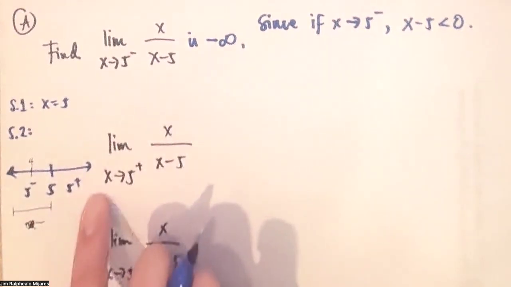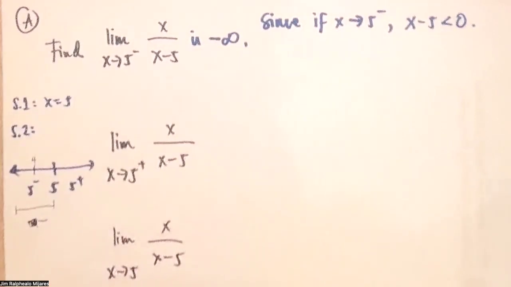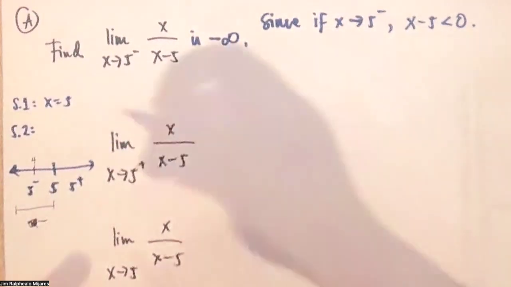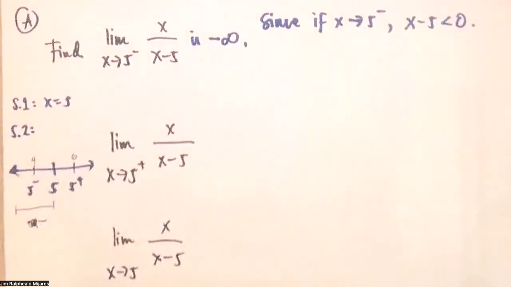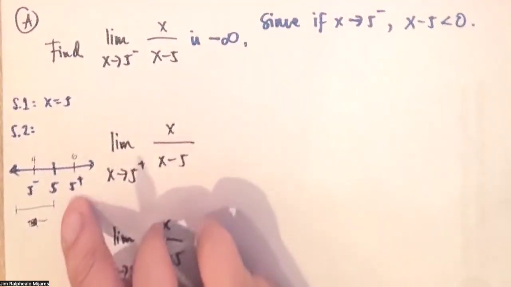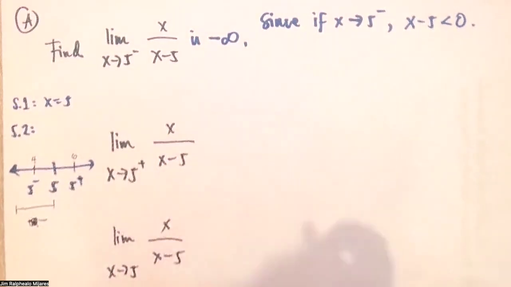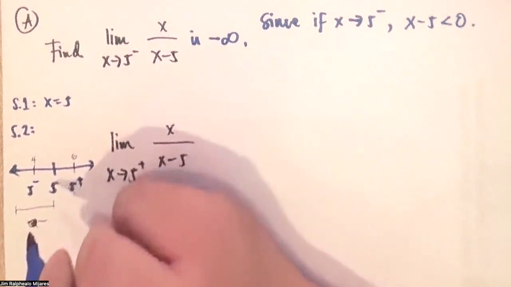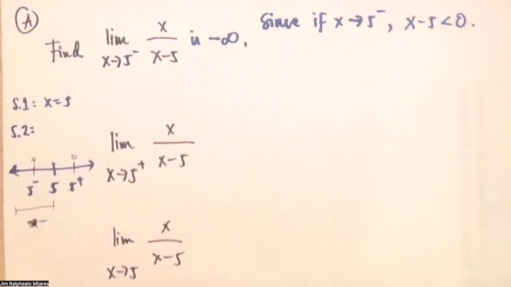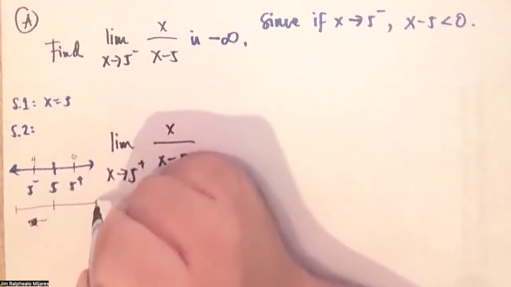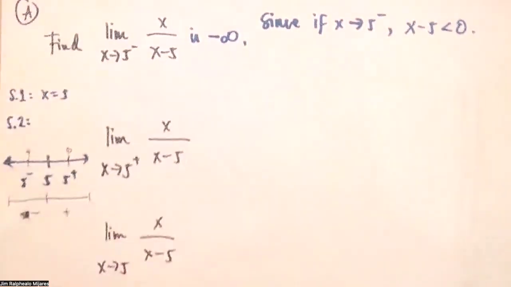Now, 5 from the right this time. So you can substitute, say, 6. In which case, what do you get? You substitute 6 here, you get 6 over 1. So that's a positive number. Therefore, from 5 to the right, this is a positive number as well.